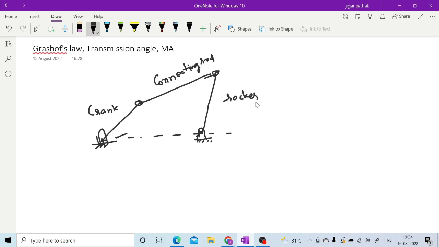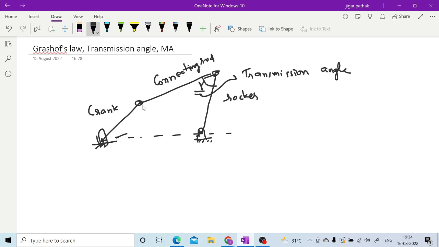Once you have this 4-bar chain mechanism, the angle between this particular connecting rod and rocker is known as the transmission angle.